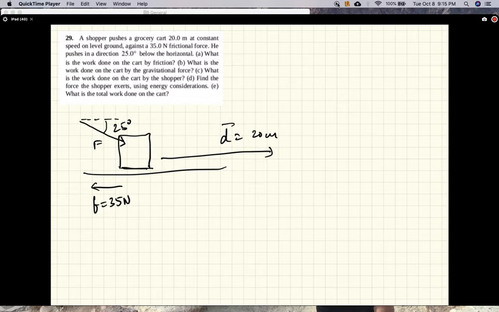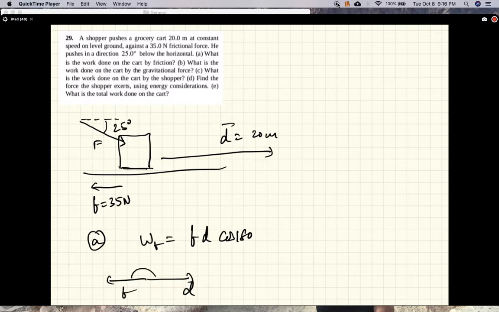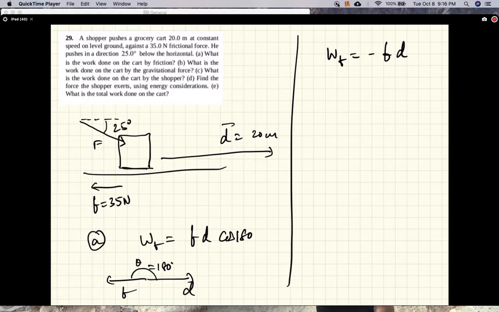So what is the work done by friction? The work done by friction is F d cosine 180 degrees. The angle between the friction force and the displacement vector is 180 degrees. Cosine 180 is -1, so the work done by friction force is always negative.